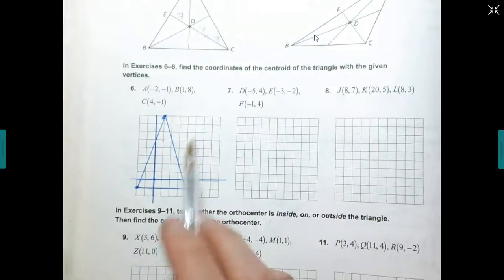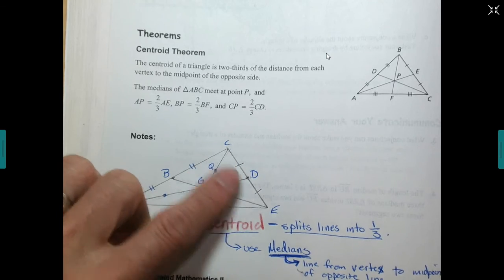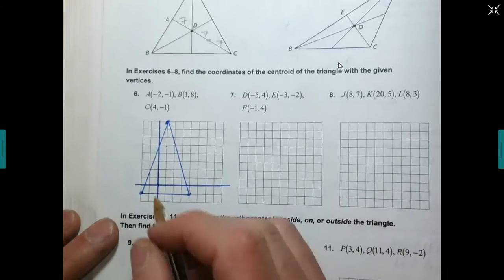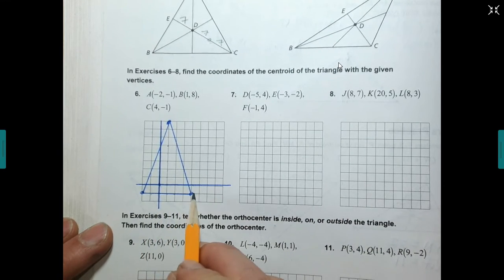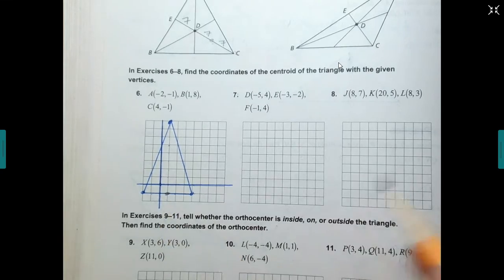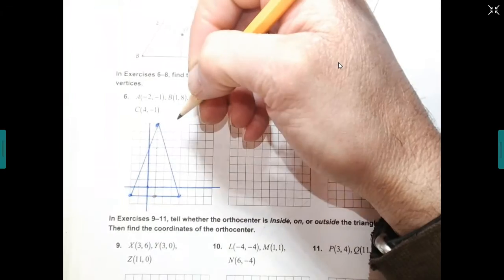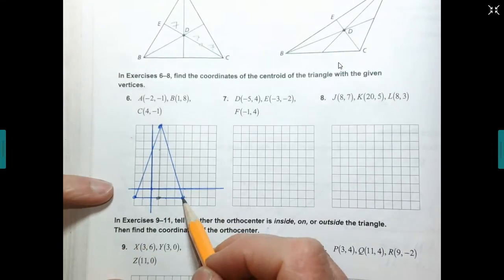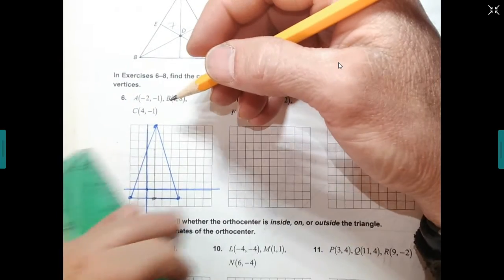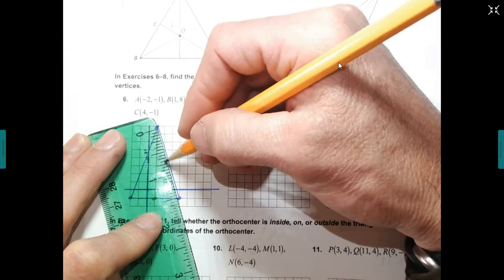Okay, so I need to find the centroid. So I look back here. What's the centroid? Oh, I need to find the midpoint to the opposite angle. So let's find some midpoints. 1, 2, 3, 4, 5, 6. So 1, 2, 3. So there's a midpoint. Okay. Now let's check this one out. How are we going to find the midpoint? 1.5, so 3/4.